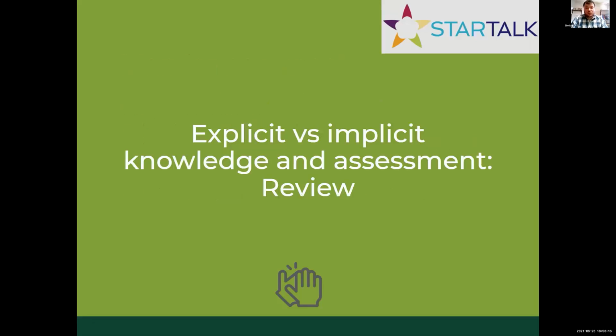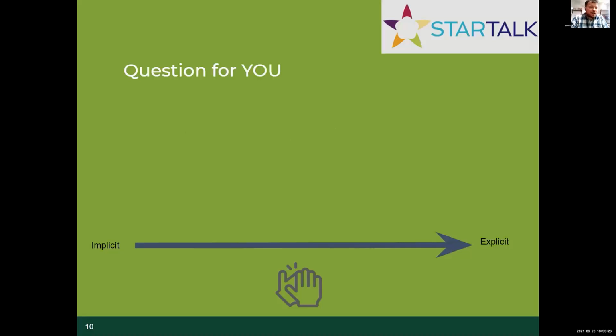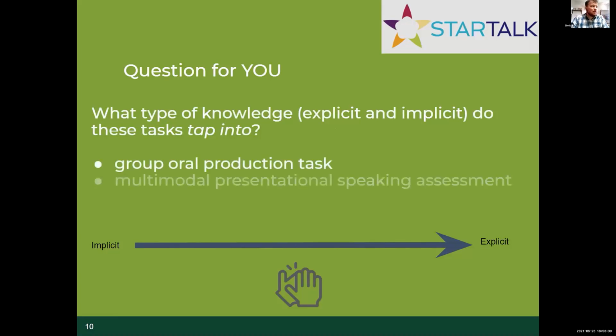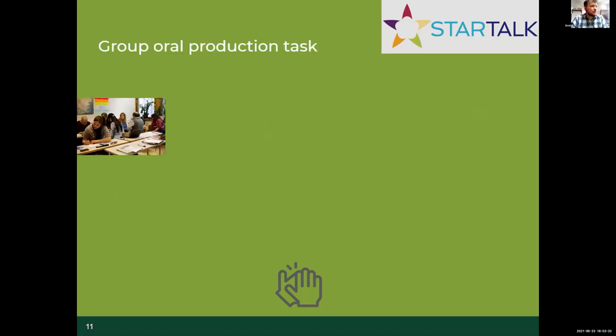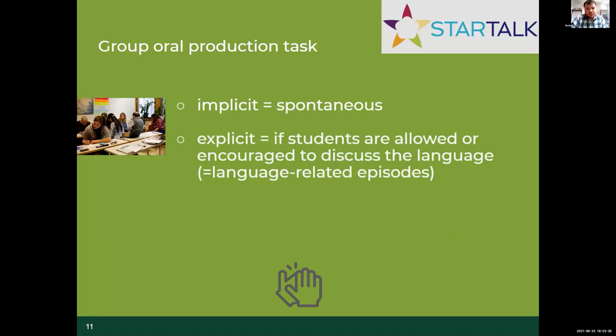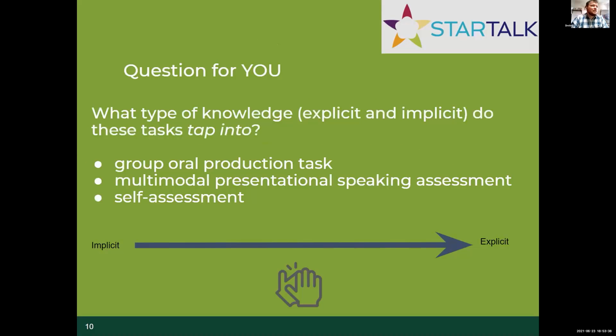We honestly don't have much time left, so we will probably stop here. But if you want to learn about explicit and implicit knowledge and assessment, you can always stop by our office hour and we'll be happy to show you some cool stuff about explicit-implicit learning and assessment, because we have 3 tools and all of them tap into different types of knowledge.